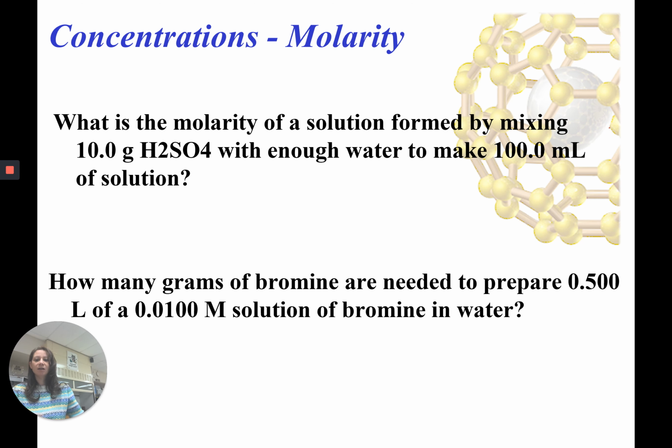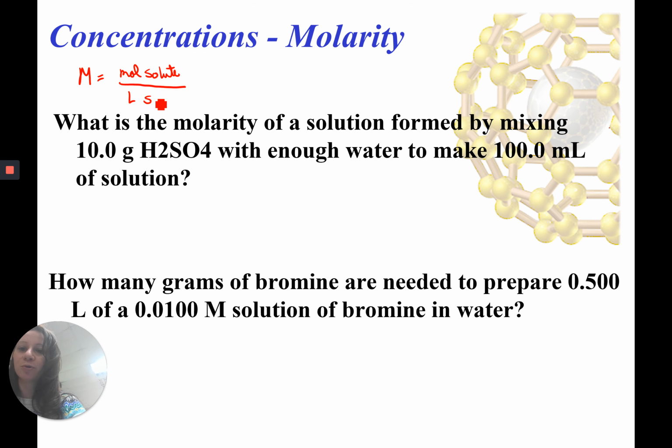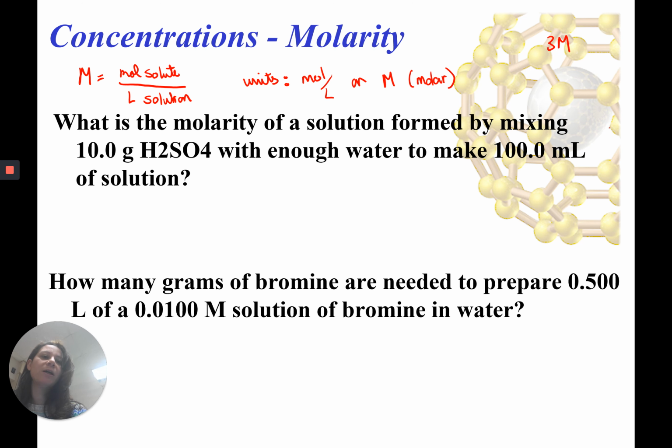So molarity gets the symbol capital M, and it is calculated as the moles of solute over the liters of the entire solution, and the units would be moles per liter, or capital M, which would be pronounced as molar. So if you see like a 3 with a big M, you'd say this is a 3 molar solution.